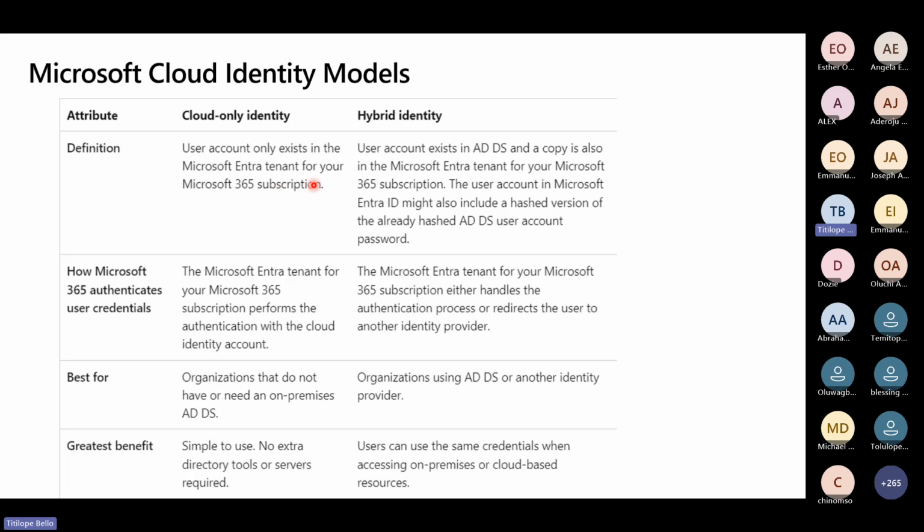That is where they exist. While hybrid is syncing your existing Active Directory Domain Services user. It syncs a copy of it to Microsoft Entra, right? And when you are using the cloud-only identity, we say the source of authority is in the cloud.